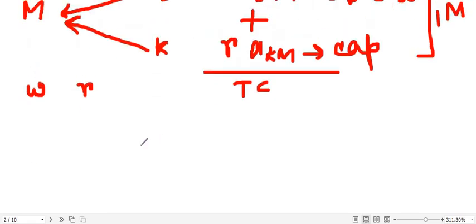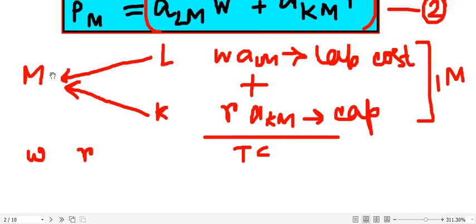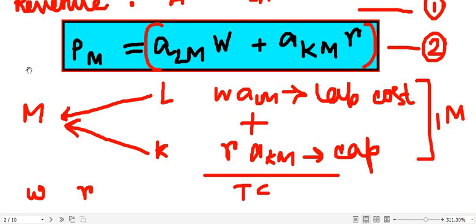Now, if I consider the revenue part, if I sell 1 unit of manufacturing product in the world or in the domestic market, essentially I assume that PM is the price of 1 unit of manufacturing product. So that will be the revenue from selling 1 unit of manufacturing good in the market. And as I explained in the previous video, this is exogenously given because of the assumptions, essentially that it's a perfectly competitive market, so price is given.